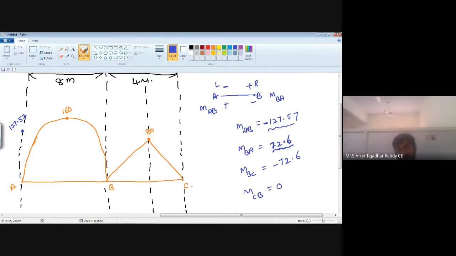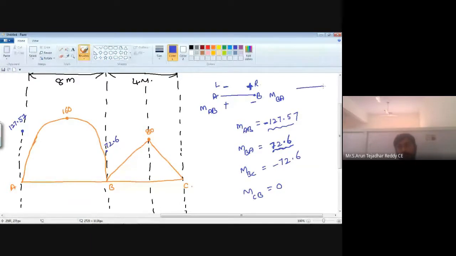So check the right side, MBA. If the value is positive, then it is above the beam. So somewhere here it is 72.6. Now forget about AB span.